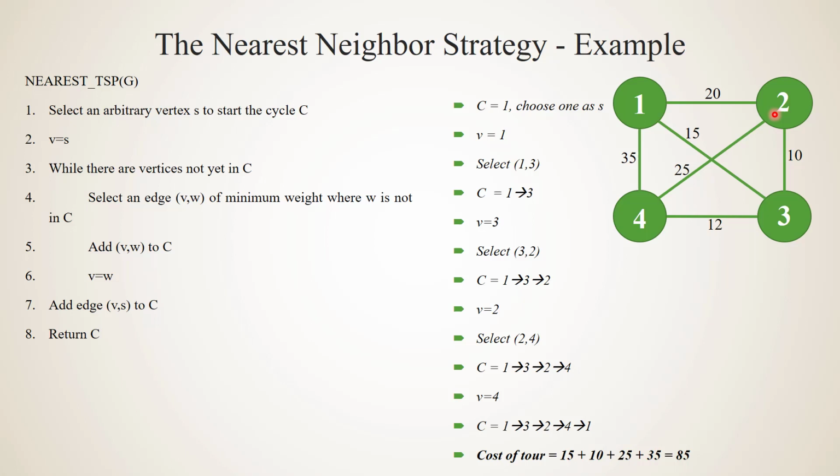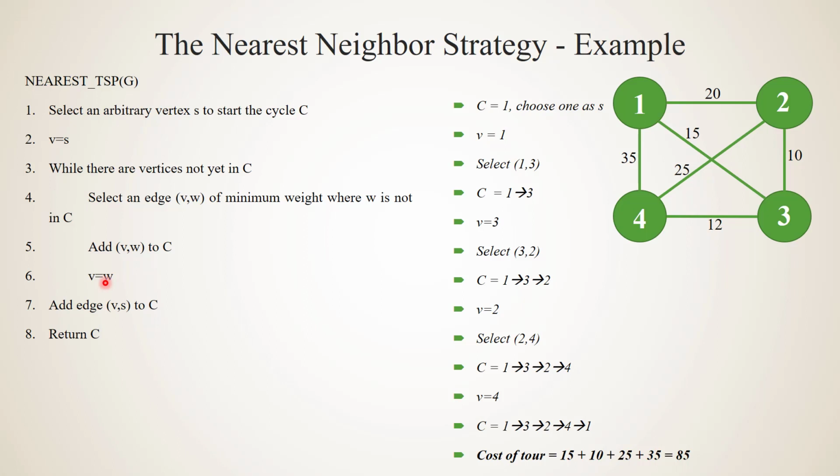Next, we look at the next smallest edge, which is 20. But 2, 1 we can't choose because 1 is already in the cycle. The next largest edge is 25, that is going to 4. 2, 4: 4 is not in the cycle, so we select 2, 4. Add V, W to C. 4 is also added to the cycle.